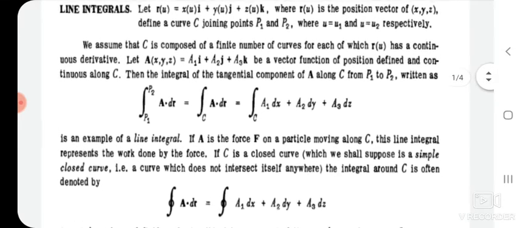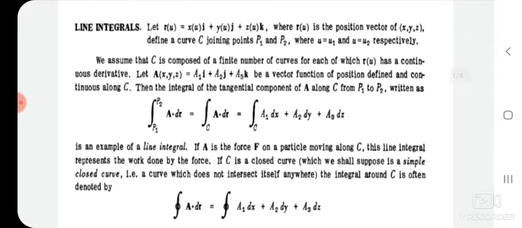Okay, line integral, to understand, let us consider r is a function of u, which is equal to i x plus j y plus k z, where r is the position vector of x, y, z.